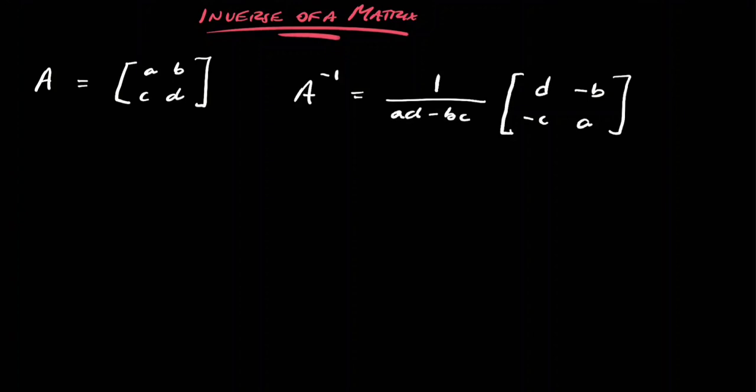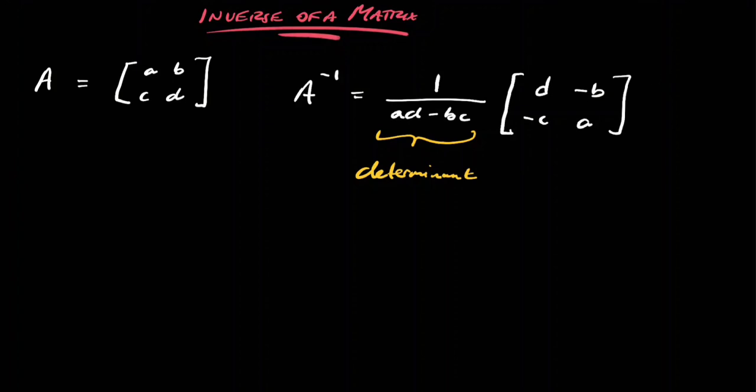So to take the inverse of matrix A, you're going to multiply it by 1 over AD minus BC. This number is known as the determinant. And you're going to multiply that by a version of matrix A which has had some of its numbers switched around.